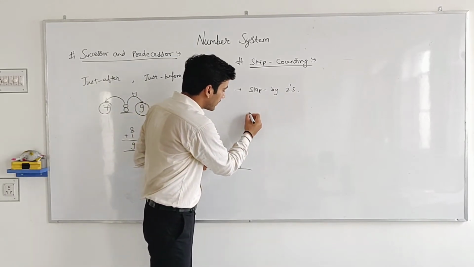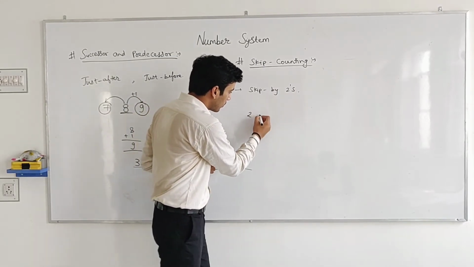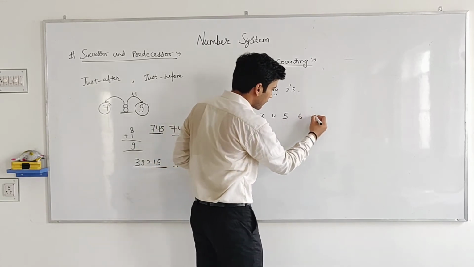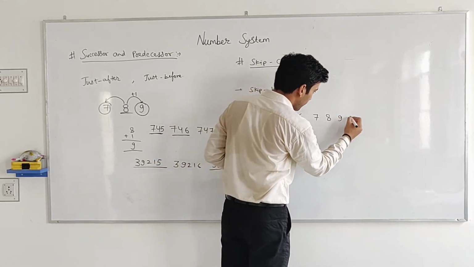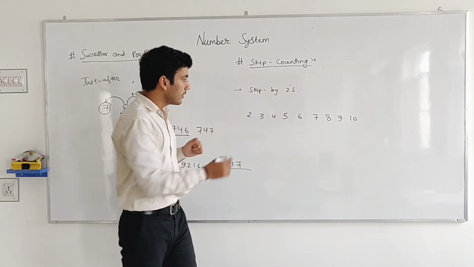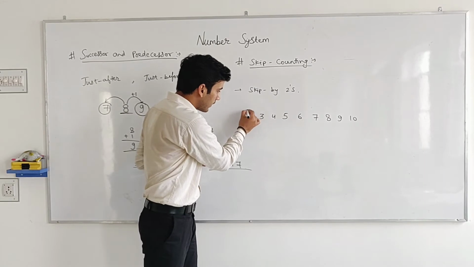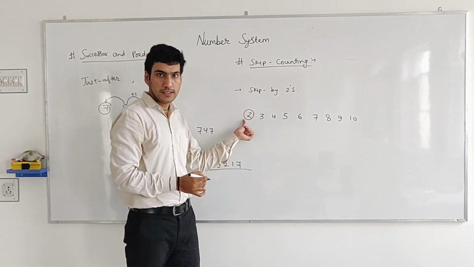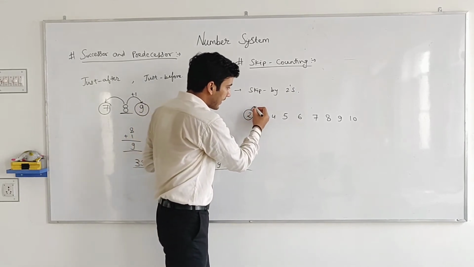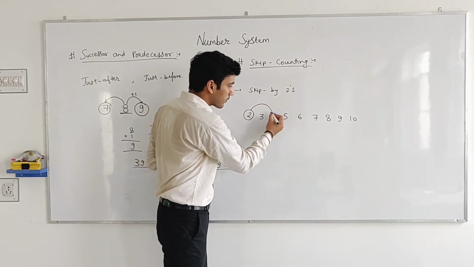If I am writing a sequence, then what is the skip counting by twos? If this is your first term of this sequence, then you have to skip 2. Then the next term is 4.